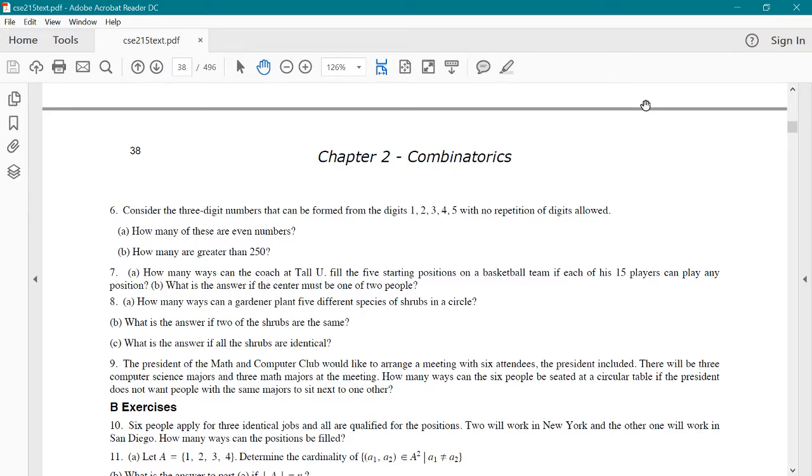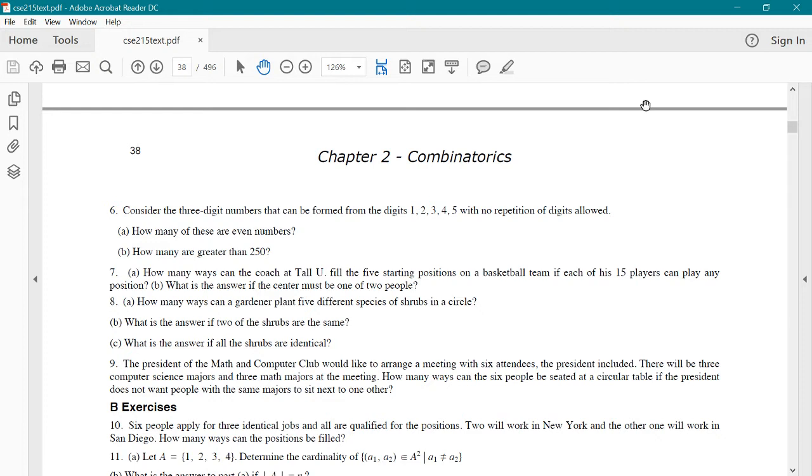So what are your 5 tasks to make a basketball team of 5 people, right? Pick the first person, pick the second person, pick the third, and so on. So T1 is picking the first person. You got 15 ways to do that. To pick the second person, you've got 14, and then 13, and 12, and 11. So it's just the product of those numbers is your answer for the first part.